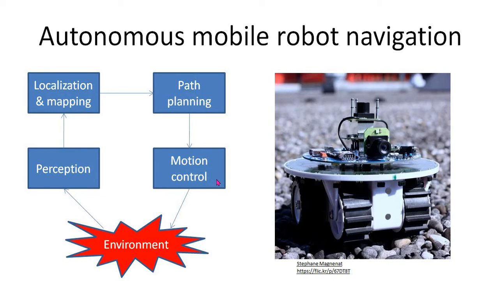Motion control means the robot has to follow the path. It also has to control the position and orientation of the robot, so it can stay on the waypoints and reach the destination. So these are the typical steps going on in the autonomous navigation of a mobile robot.